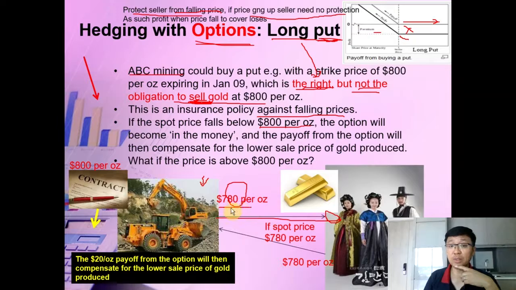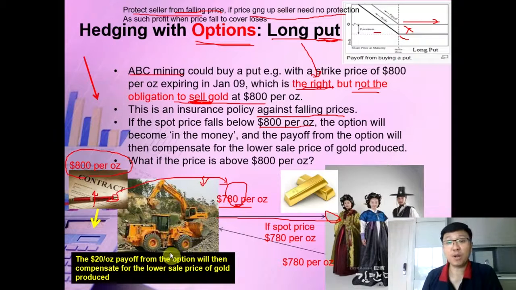They will lose $20 per ounce, but the shortfall is made up by the option that they have. They can exercise the options and sell the contract at 800, and this is where they have a gain of $20. So the $20 gain here will make up for the losses over here, right? So eventually that's how they fix the price.